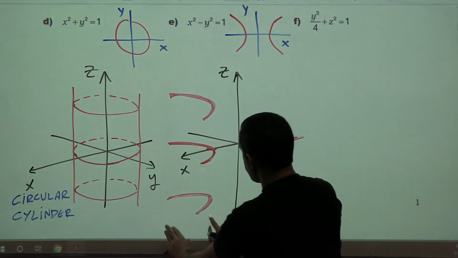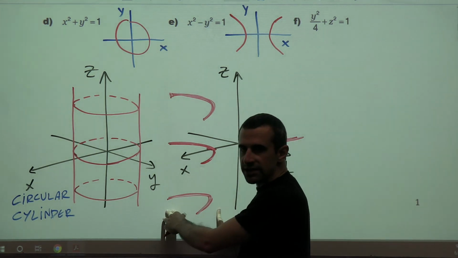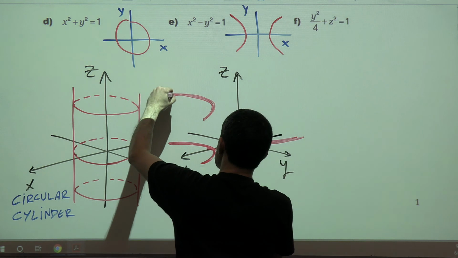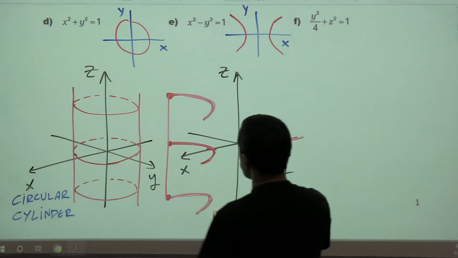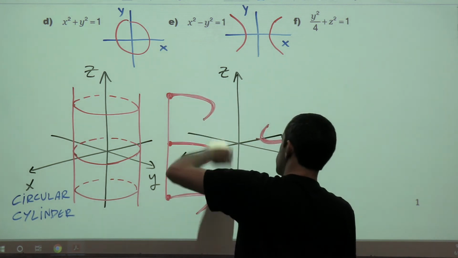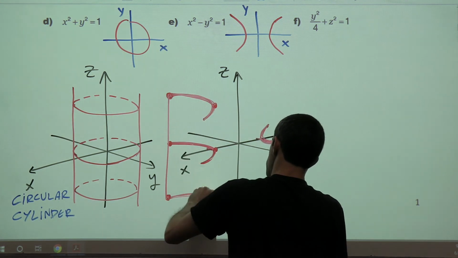I think that's good enough. And now I'm going to make copies of this branch on this side. But first I want to connect the dots on this side. So these edges here, these tips, are going to be connected by a straight line going this way. The turning points of these hyperbolas are also connected to each other by a vertical line.